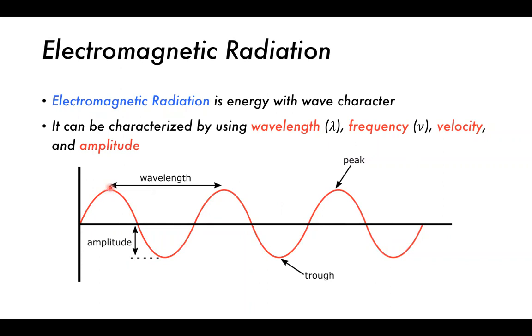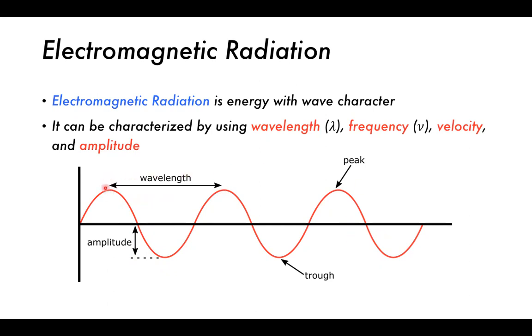There are distances between the peaks, which are the maximum positive amplitude, the amplitude being the distance along this vector from the propagation axis to the peak at the top in the positive region or the trough in the negative region. Positive and negative are rather arbitrary in this sense.